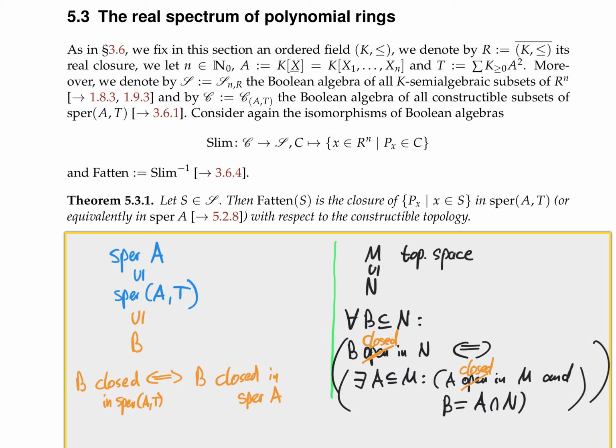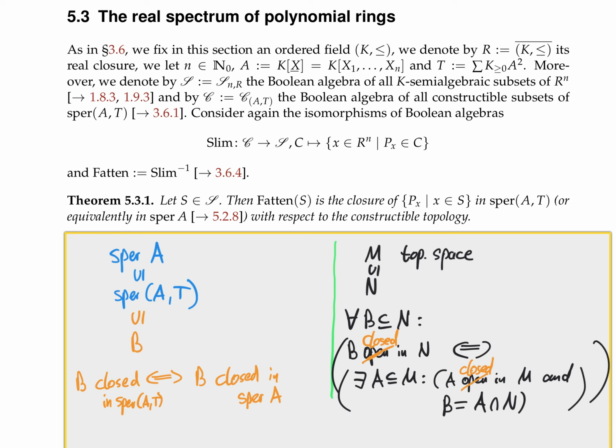And therefore, if I have a subset of the real spectrum of A_T, its closure in the real spectrum of A and in the real spectrum of A_T is the same, right?